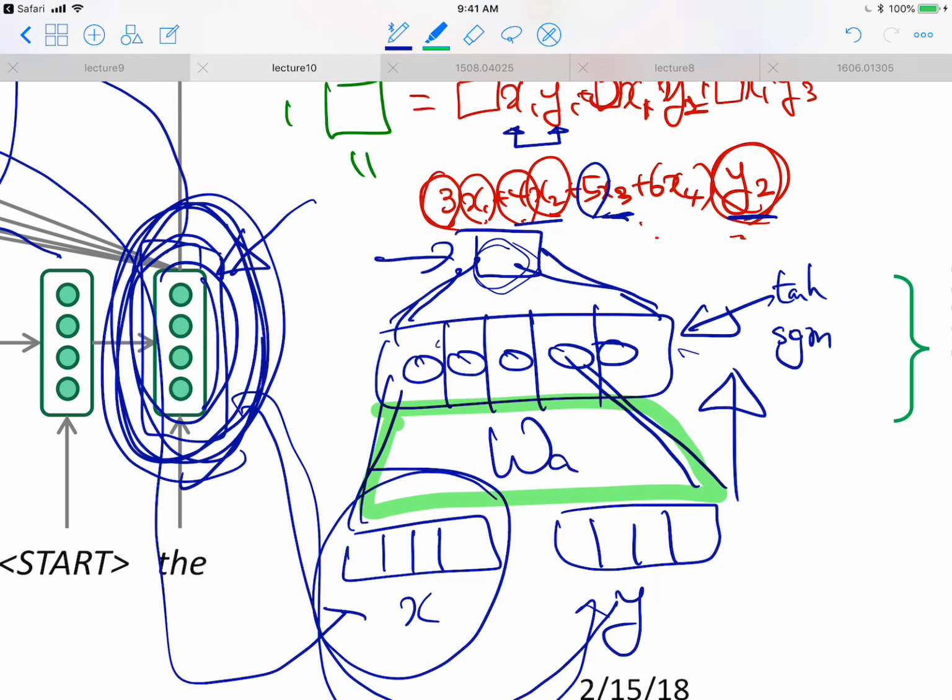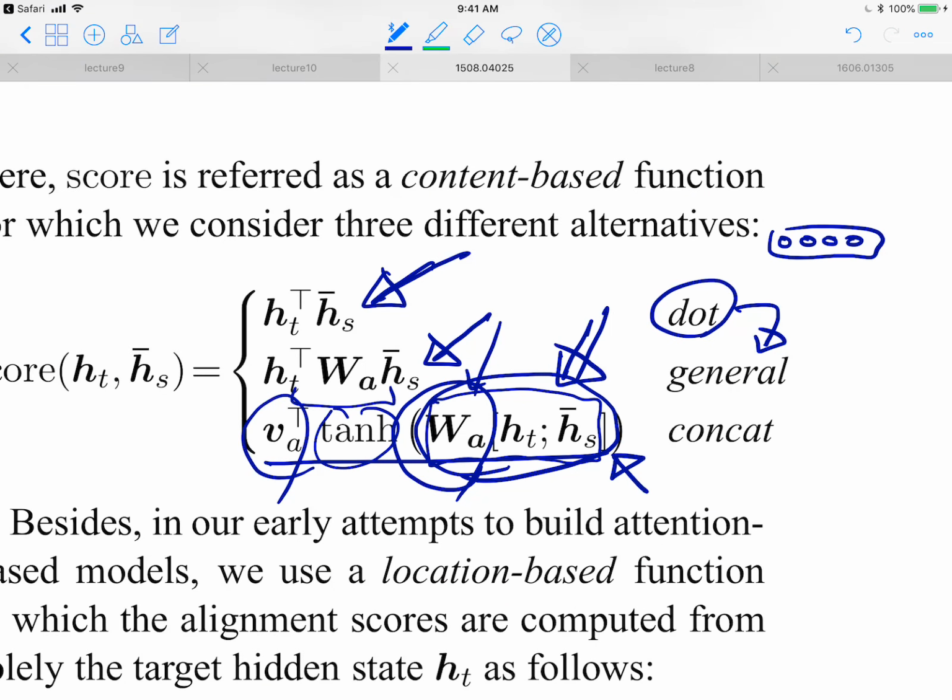And suppose that is having the dimension of 5, and then I mentioned that this one will produce a single scalar value, and that part of this guy is represented by this VA transpose, right?